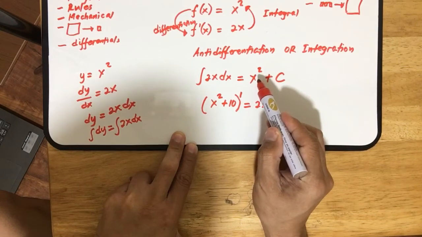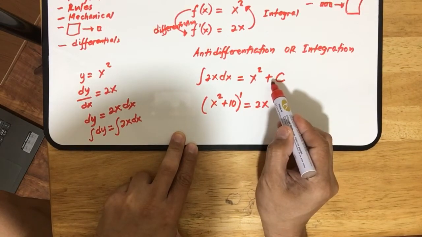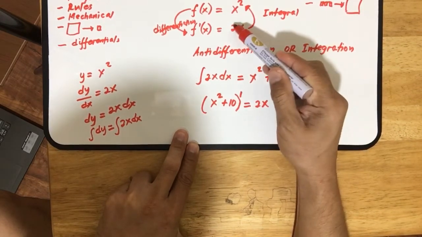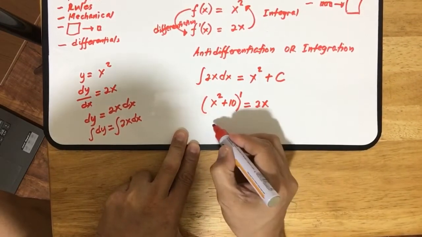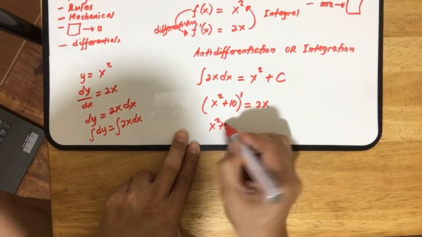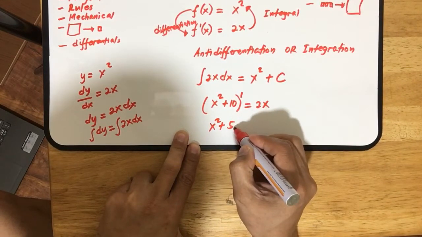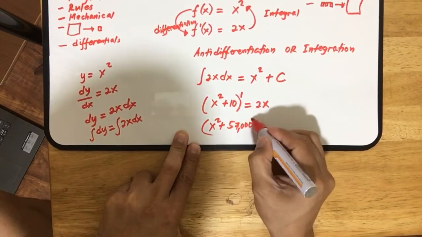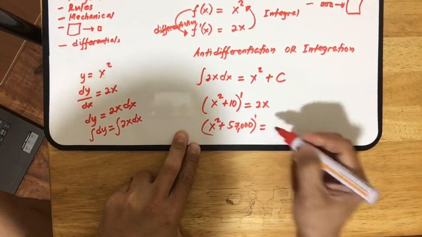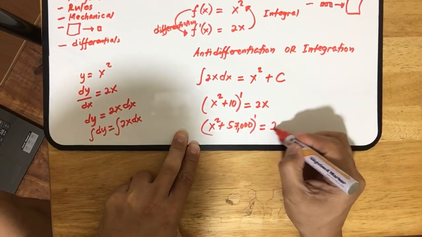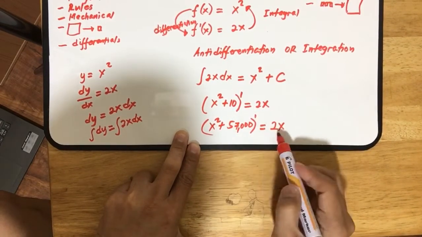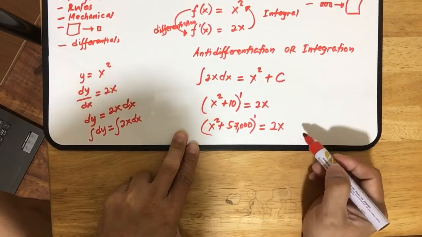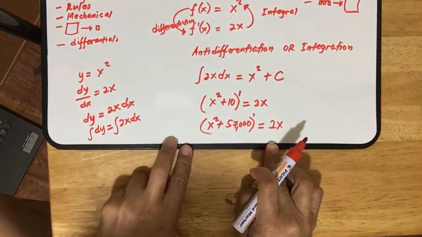When you take the derivative of this, it will get you back to 2x. Or if you have, say, x squared plus 5 or 57,000, when you take the derivative, that is still 2x, because the derivative of x squared is 2x, and the derivative of the constant 57,000 is 0, so you will have 2x.